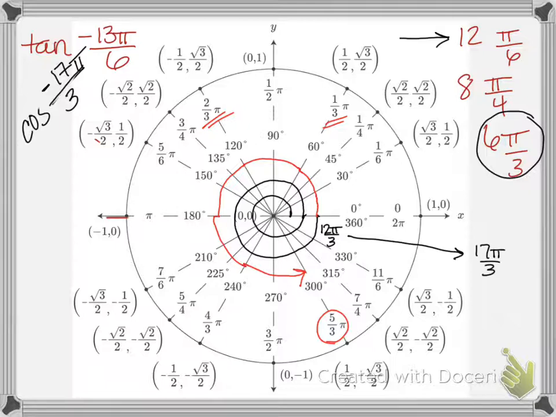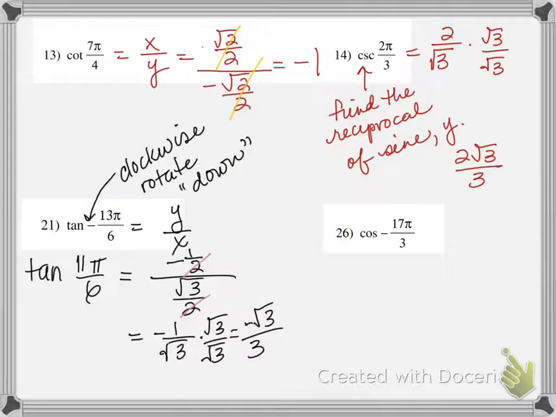But since it's negative, I need to take this dot and go all the way up, jump over the x-axis, and use this one. My arrow completely blocks off what the number is, okay? So pi over 3 is what I need to write over here.